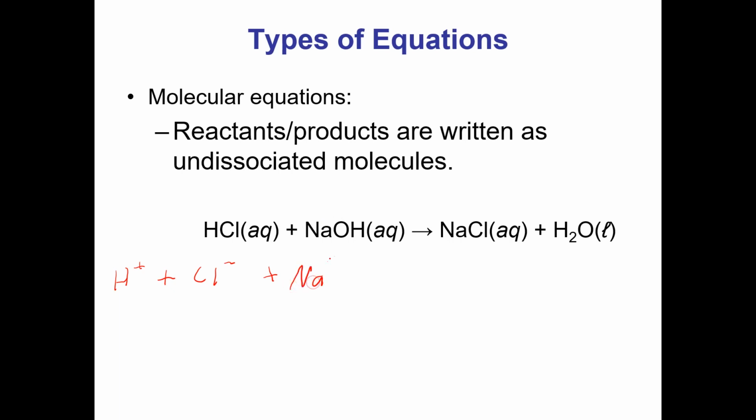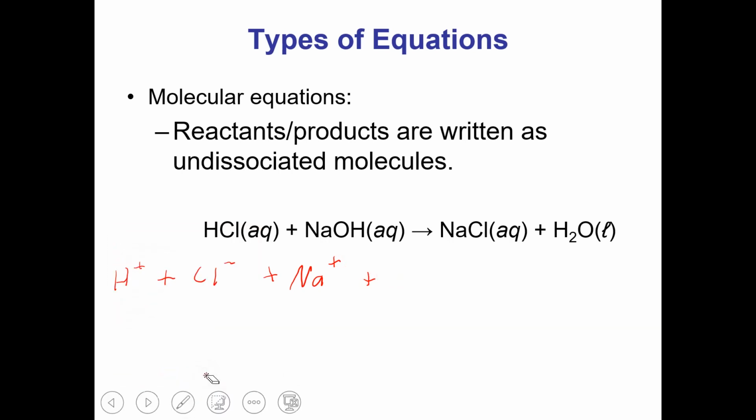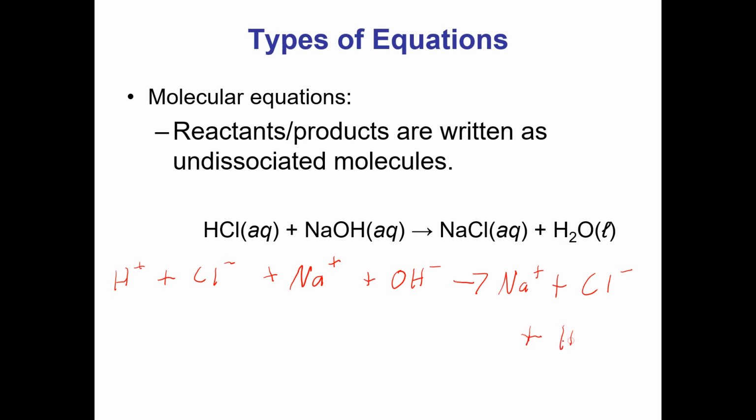We would see sodium ions and hydroxide ions. Sodium chloride is aqueous, so what we would actually see is Na positive and Cl negative ions. And then I'm going to have to write water down the next line. Water is a liquid, so it would not break apart into its ions in solution. So we just write water.